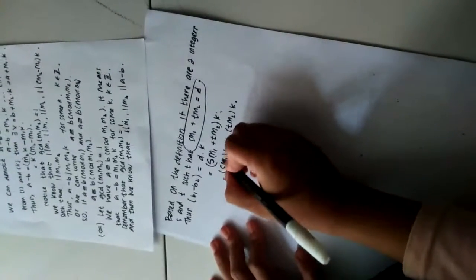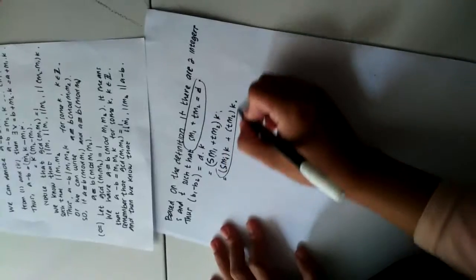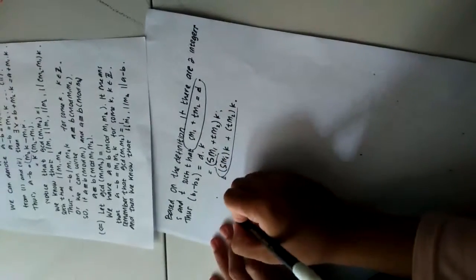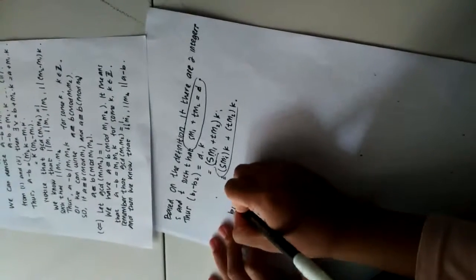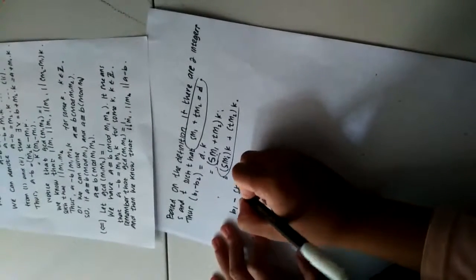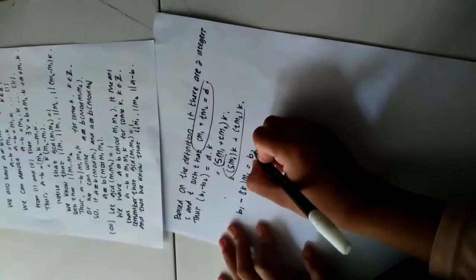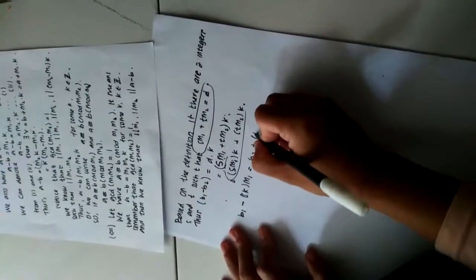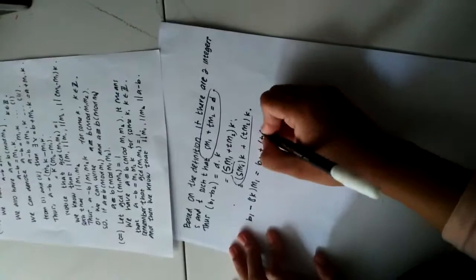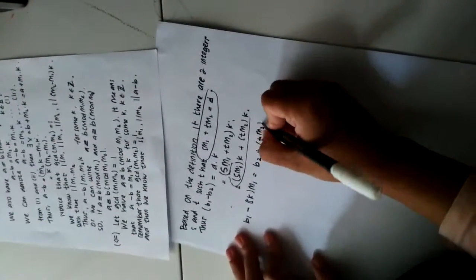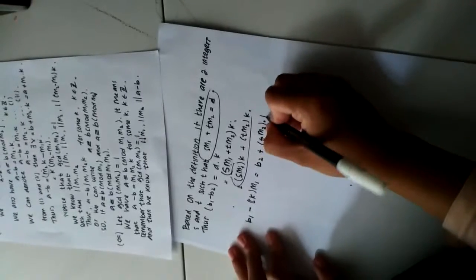We can move this to the left side and we get b1 − sk times m1 = b2 + t m2 times k.